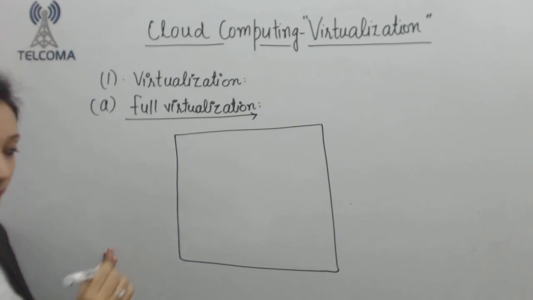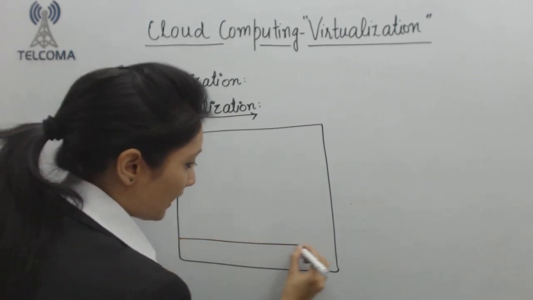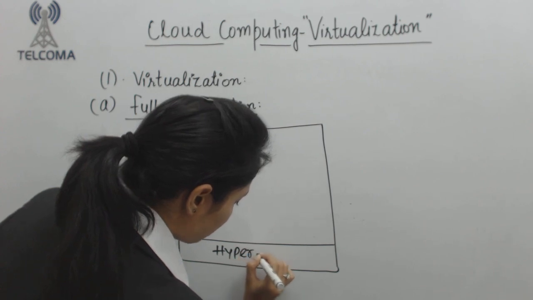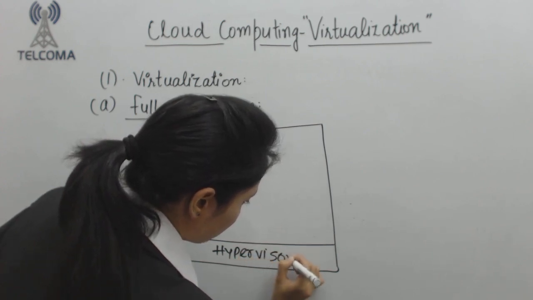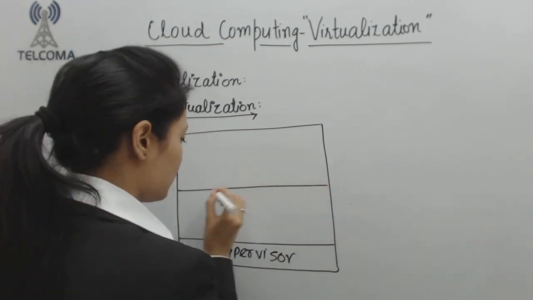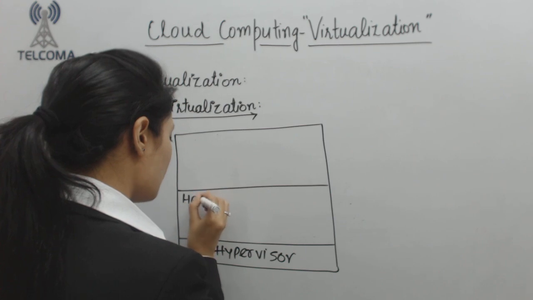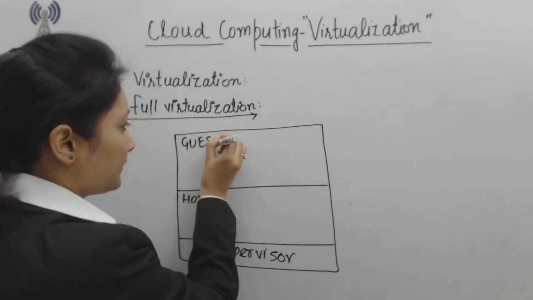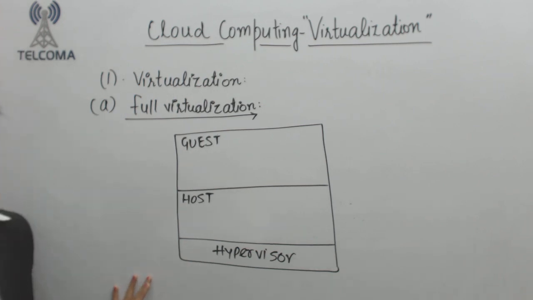So if this is a system, for example, this is type 1, and you have the hypervisor here, then you will have the host, and this is the guest.